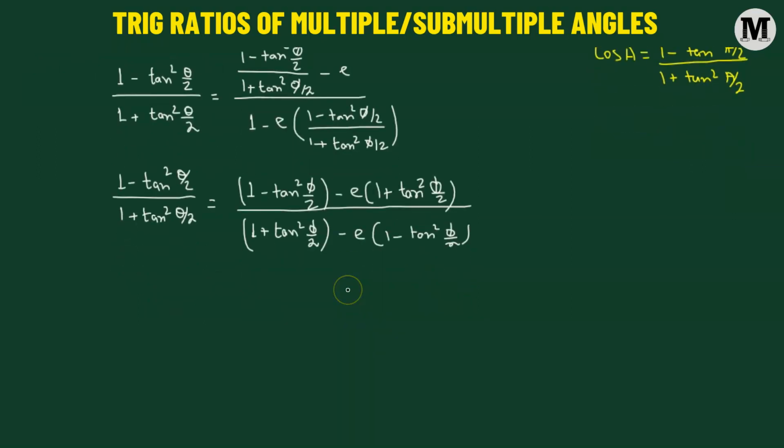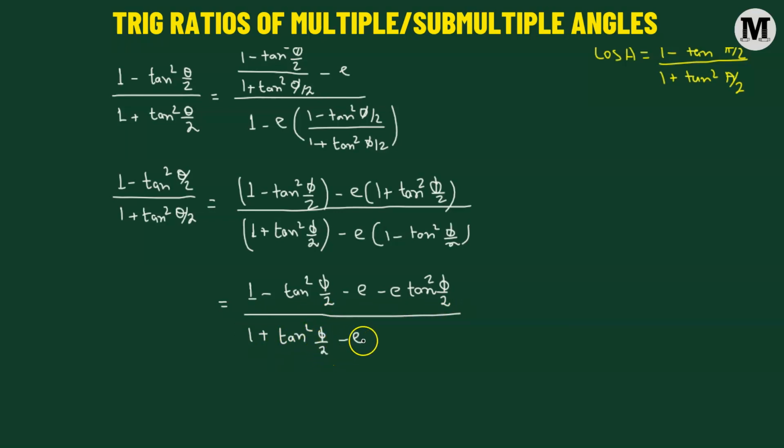Fine. So let's simplify. We get 1 minus tangent squared phi over 2 minus e multiplied with (1 plus tangent squared phi over 2), so we have 1 minus e minus tangent squared phi over 2 minus e tangent squared phi over 2, whole divided by 1 plus tangent squared phi over 2 minus e plus e times tangent squared phi over 2.